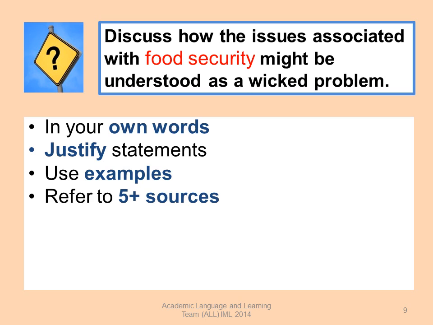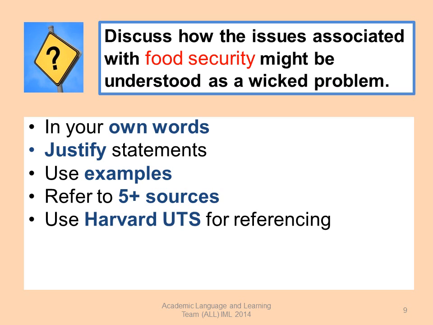Use Harvard UTS and use 5 sources at least. The 5 sources should be very reputable, that is, written by experts if possible, sourced in expert publications. They can be from the library database or they can be from the internet if you find web pages or news reports that are well detailed.